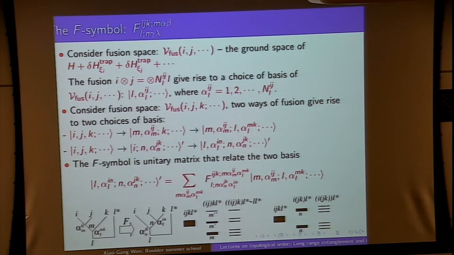Formally, every excitation is labeled by a trap Hamiltonian. So a different trap would define a different excitation. That's very natural, since it has a different wave function.